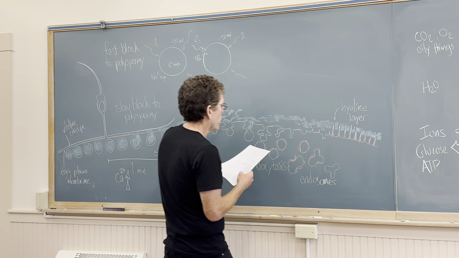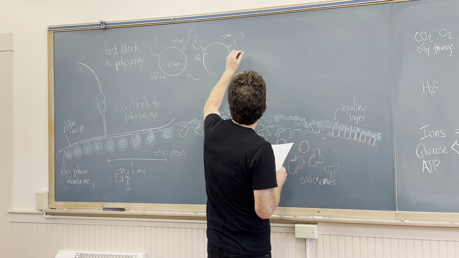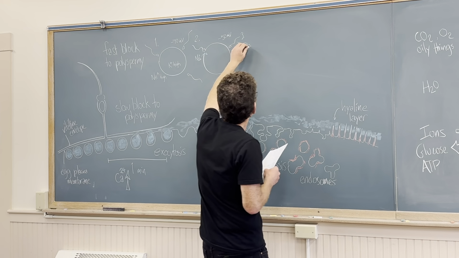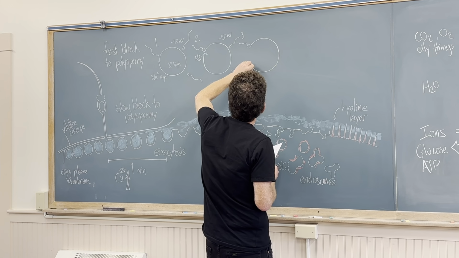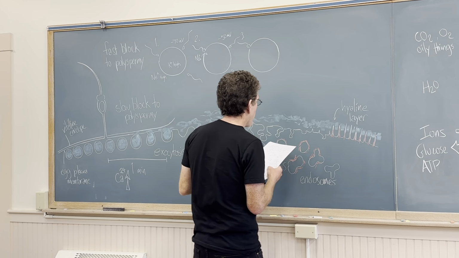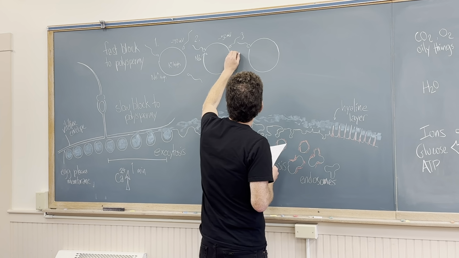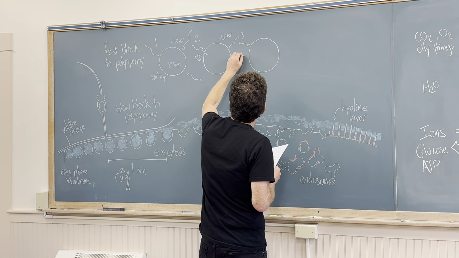Voltage-gated sodium channels in the plasma membrane of the egg open in response to this slight change in the membrane potential, and voltage-gated sodium channels will let a lot more sodium in.